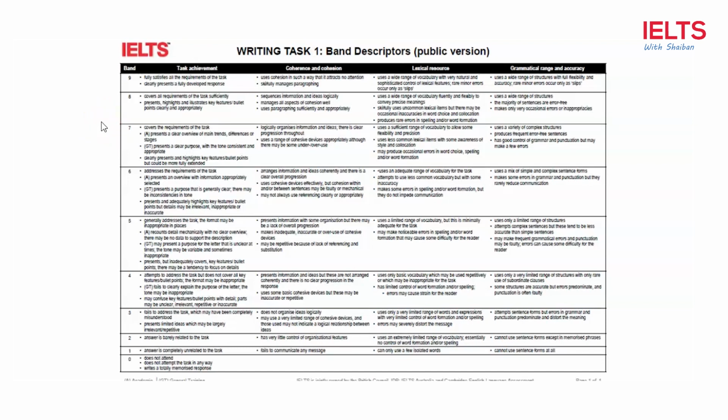And as you can see here, we have 4 criteria that examiners judge the students on, and accordingly they give their mark. The first criterion is called task achievement, that means to what extent the candidate achieves his task. Also, we have coherence and cohesion, meaning understanding and linking.